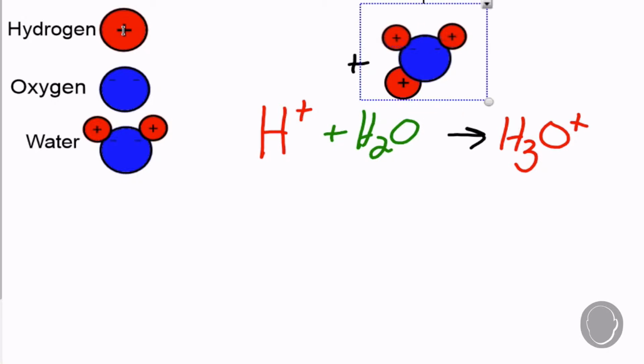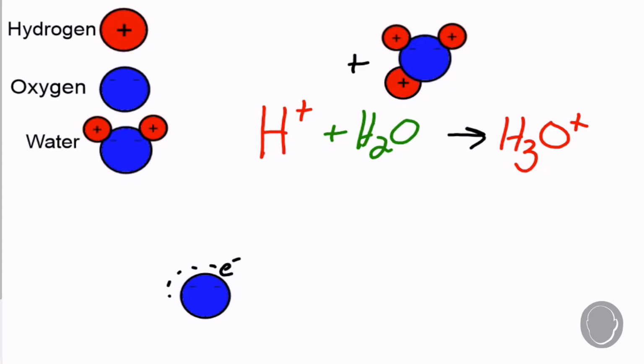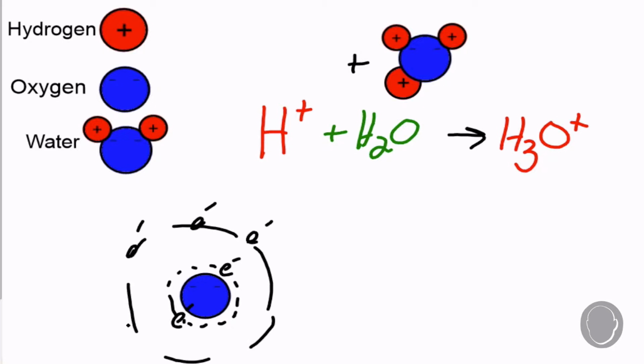Now, just as a real quick reminder, which you may or may not recall, oxygen, because it's number 8 on the periodic table, puts 2 electrons in the first orbital or shell that are flying around. Then there's 6 left over that can be somewhere around here: 2, 3, 4, 5, 6.